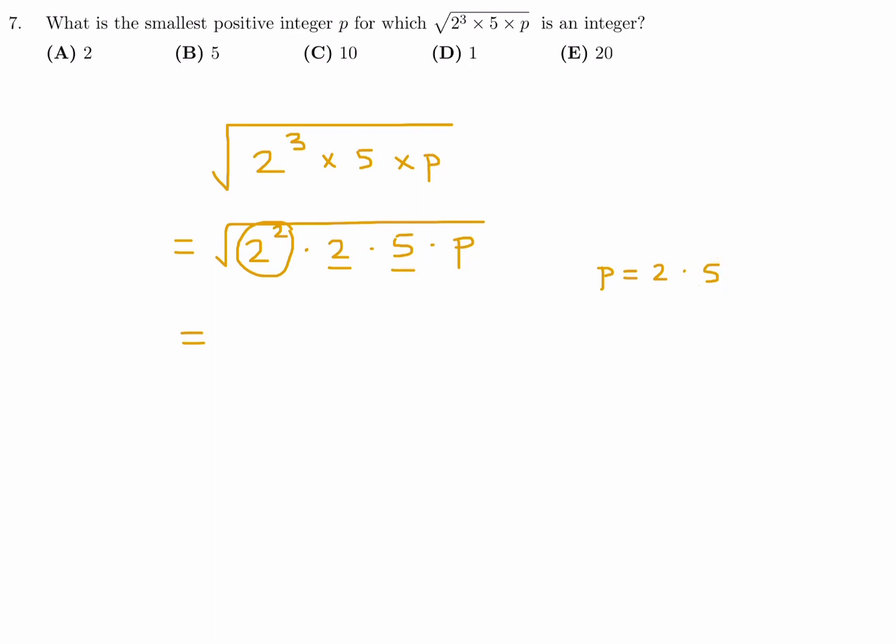So that's the way I would do it. It's a little bit better mathematically. So that means that p is equal to 2 times 5, which is 10. And like I said earlier, you can also just do it the long way, which is keep plugging in these answer choices into this equation and see which one gives you an integer. Either way would work. So number 7, the answer is C.